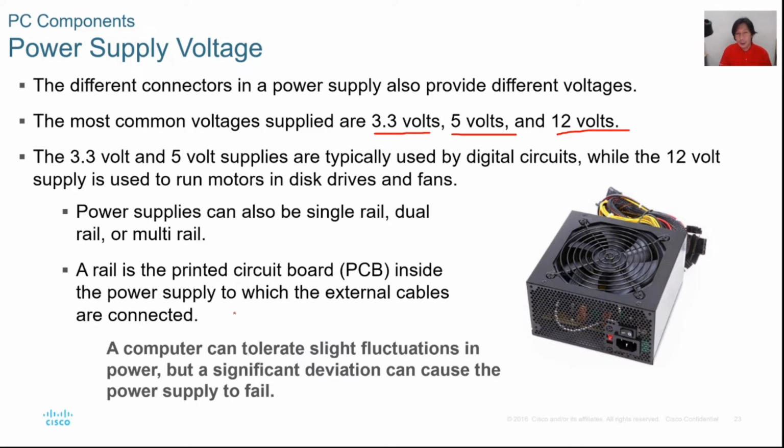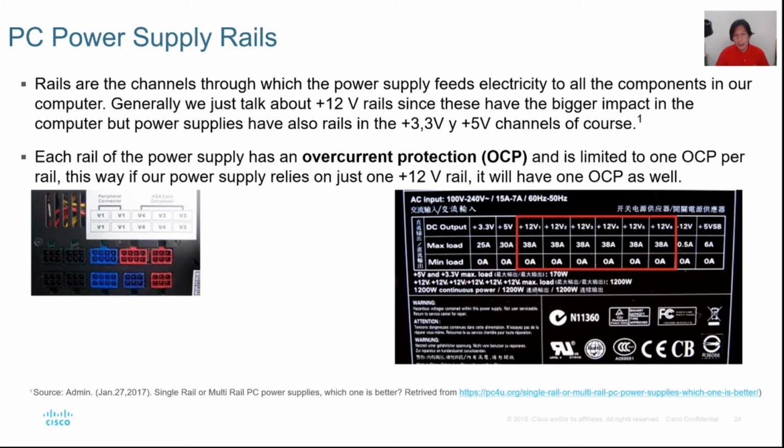A computer can tolerate slight fluctuations in the power, but significant deviations can cause a power supply to fail. That is why some users need to check whether to use a single rail, dual rail, or multi-rail. Let's explain those.